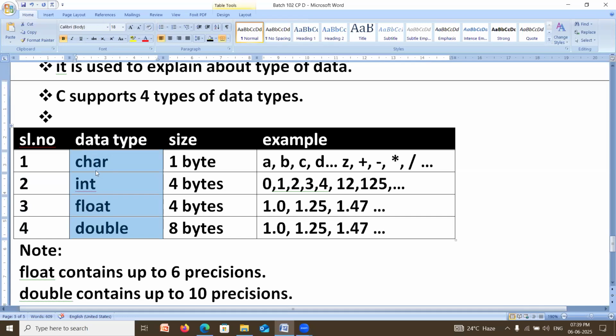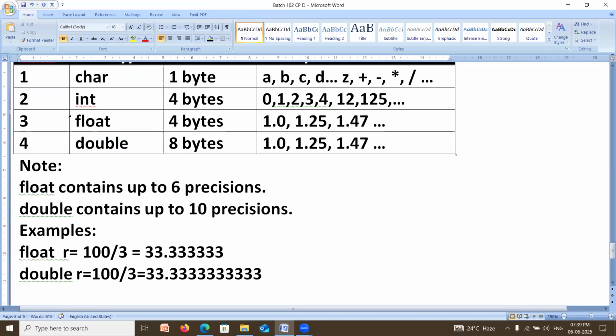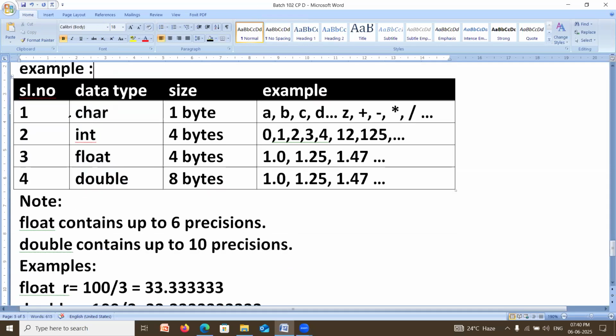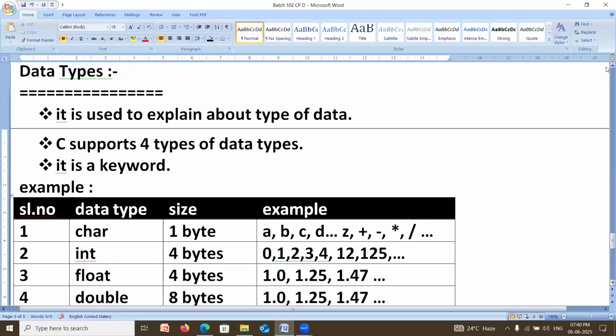Computer can understand what is character, integer, float, double. The names already defined in computer are called keywords. Keyword means name already defined in computer. Example for data type is this one. Now note it down from data types.